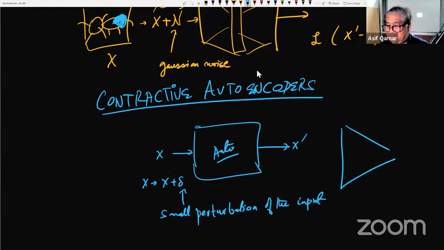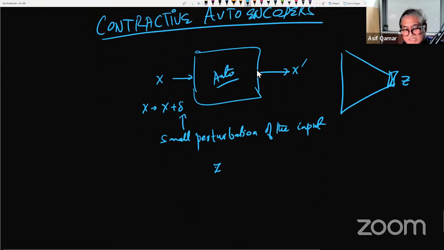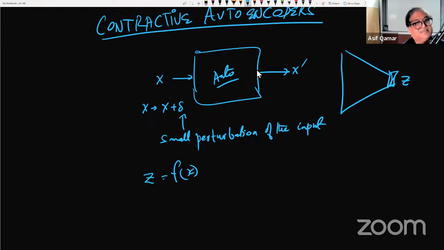What I want is the Z that comes out, F of X, Z. Some latent state comes out from the encoder, and what I want is that the same Z should come out for X plus some perturbation.